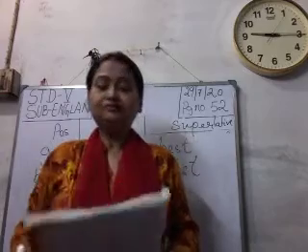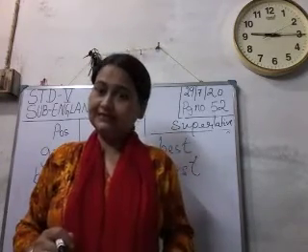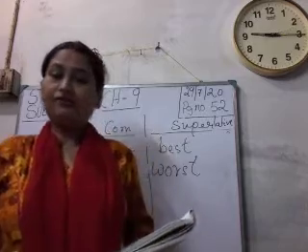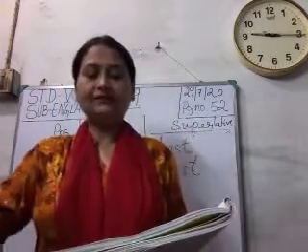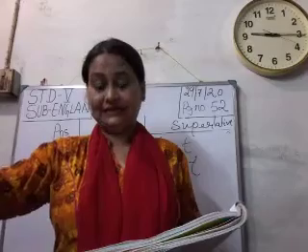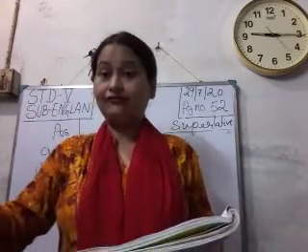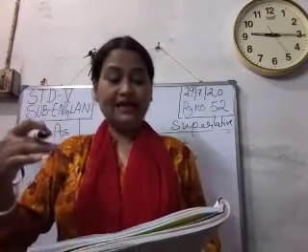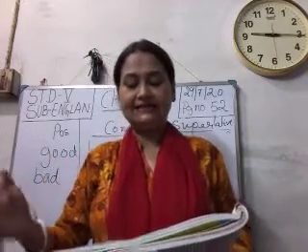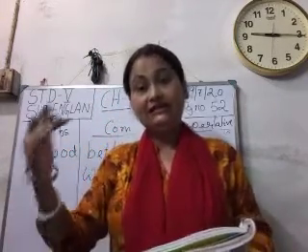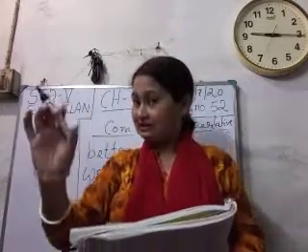So see, here are some adjectives I'll tell you, like bad, worse, worst, as I have told you. Then far, farther, farthest, when we talk about distance. F-A-R, far, but when we talk about distance, it says F-A-R-T-H-E-R, then F-A-R-T-H-E-S-T, the farthest. We are talking about the distance.